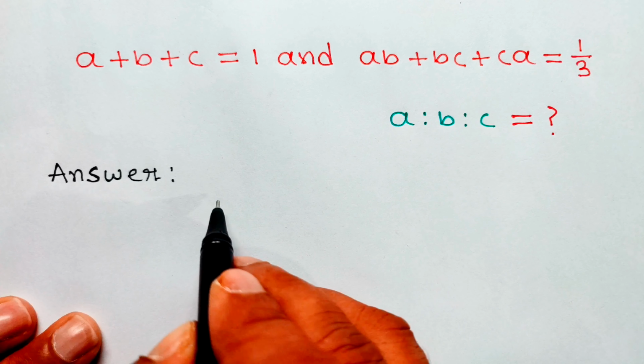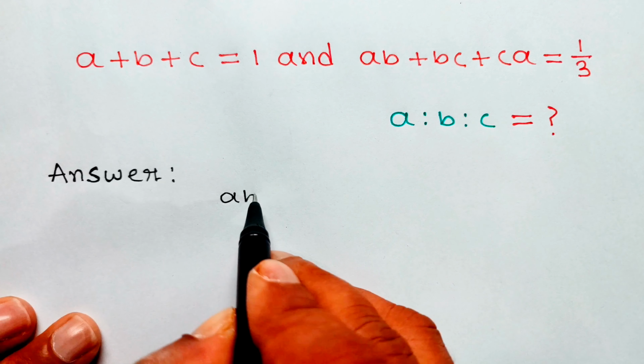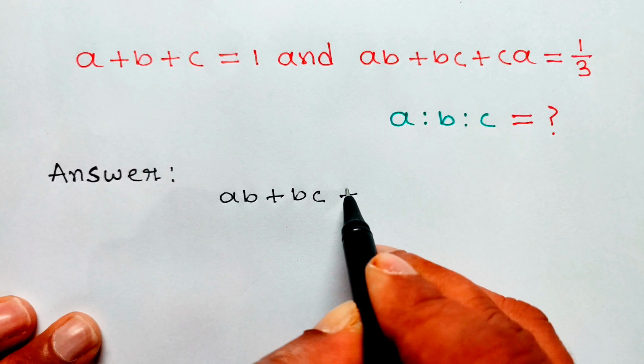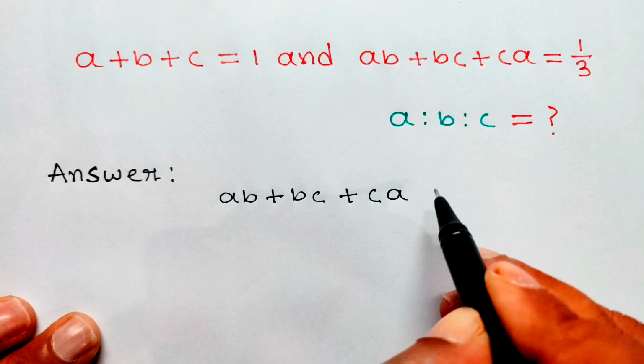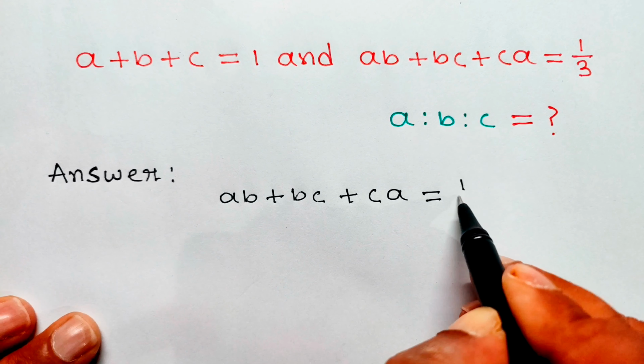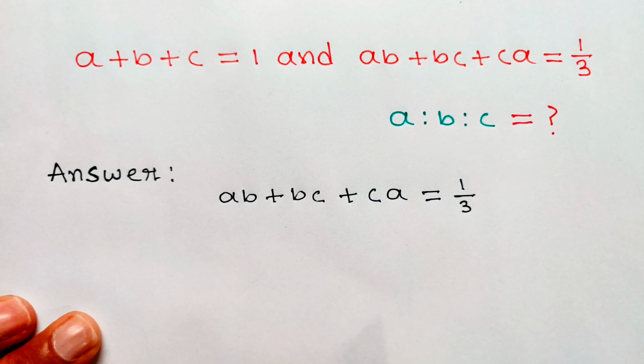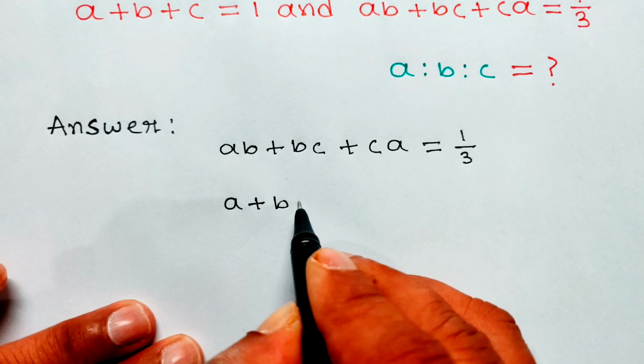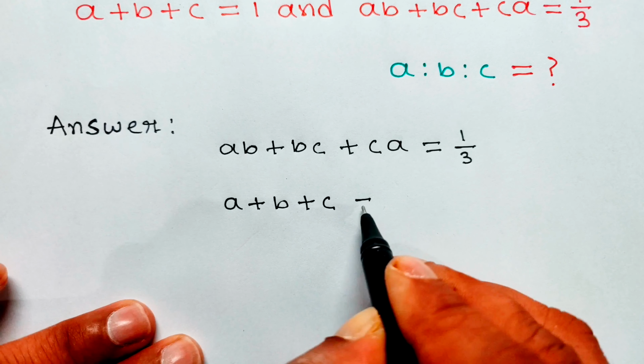Answer: ab + bc + ca = 1/3 and a + b + c = 1.